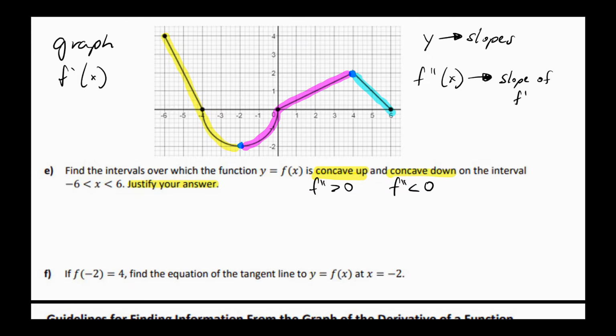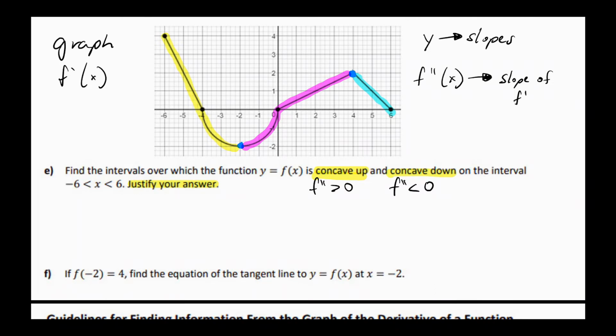So if I'm looking at the original, because what Roman said was correct, it absolutely holds water, right? Holds water. That's only true if you're looking at the original graph. If you were looking at the original graph, then you would look for where it holds water, where it spills water. That works. But the reason it doesn't work for this guy is because this is not the original graph. This is the derivative graph.